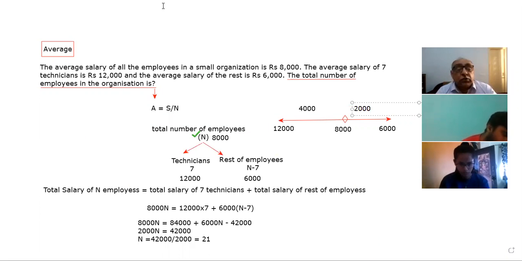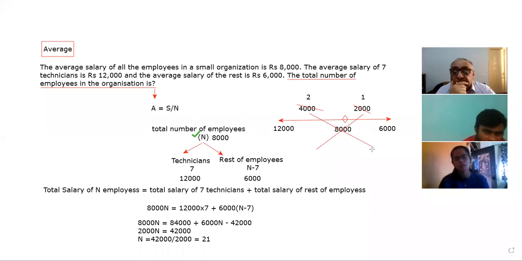If we reduce it further, it will become 2:1. Now the next thing in such type of questions is that we need to cross these.